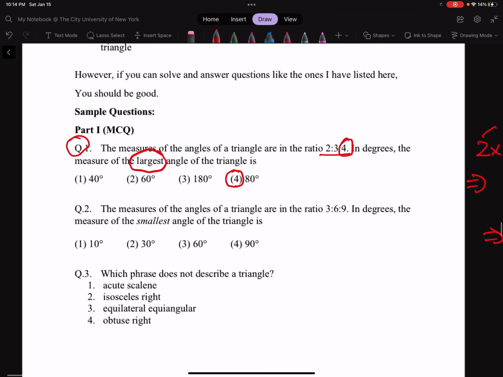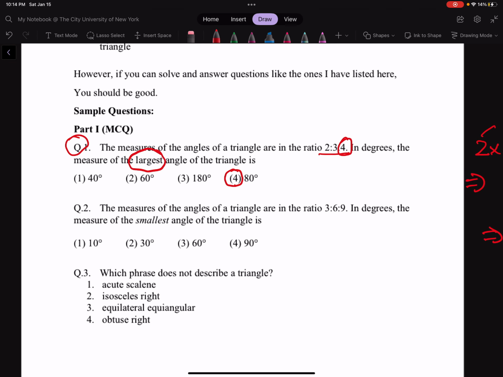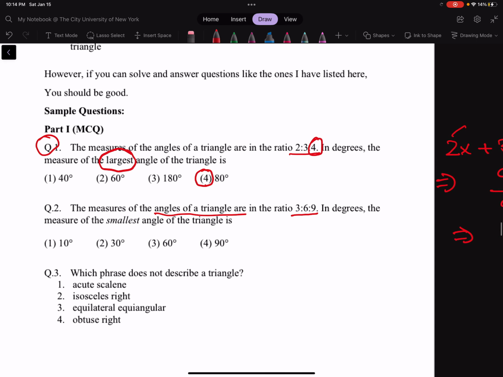In the next one, the measures of the angles of a triangle are again in the ratio 3, 6, and 9. For number 2, you should write 3x, 6x, and 9x like the earlier one, and that should give you 180 degrees.